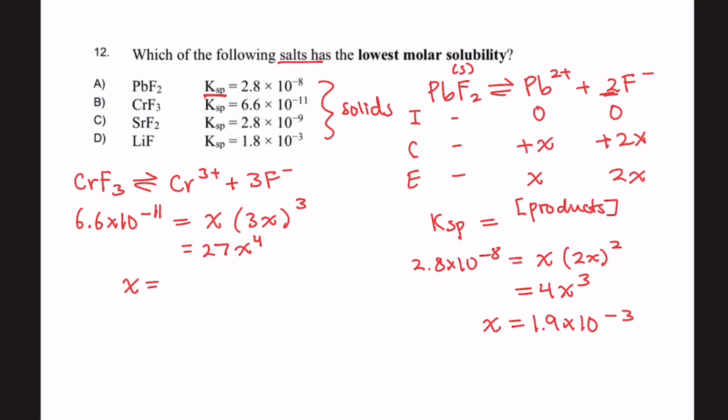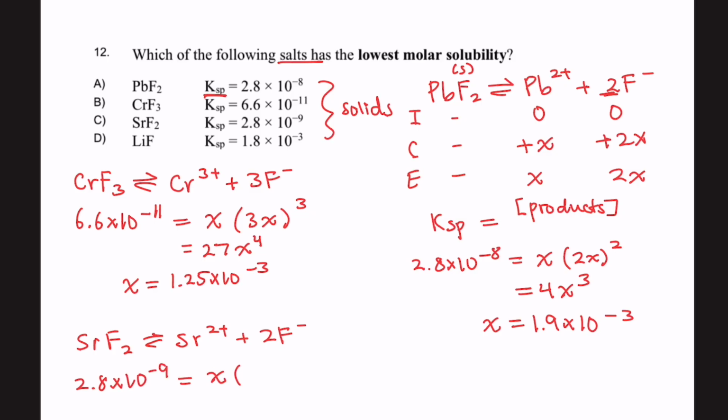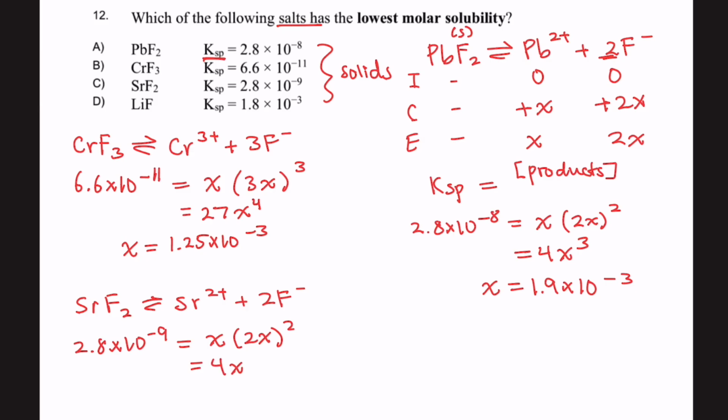And we should get 1.25 times 10 to the negative 3. I'm going to continue this for the remaining 2. So SrF2: Sr2 plus 2F minus. This is 2.8 times 10 to the negative 9. X, 2x squared. So this is 4x cubed, and x is 8.88 times 10 to the negative 4. And the very last one, this is Li plus F minus.